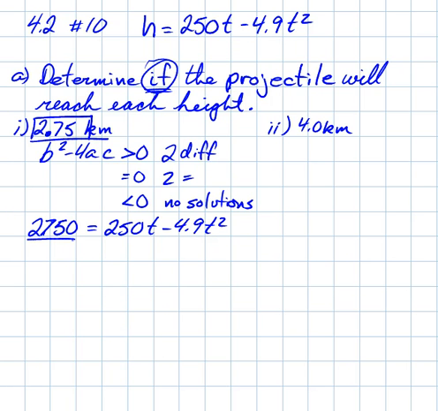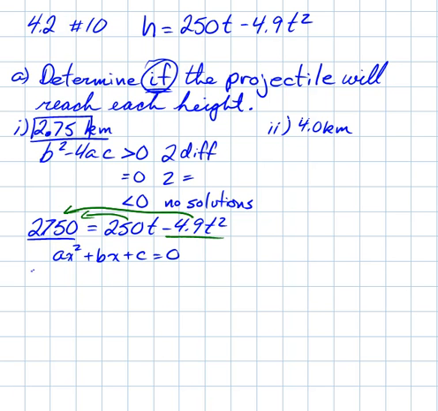And then I want to rewrite this equation so it's in the form ax squared plus bx plus c equals 0. So I'm going to end up moving this term over there, both of these terms over, so I end up with a positive 4.9t squared.